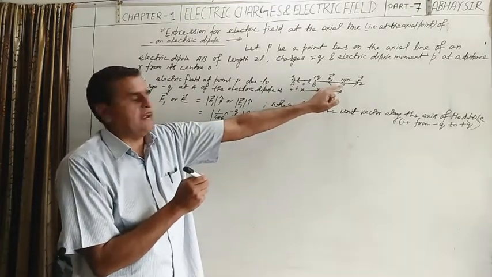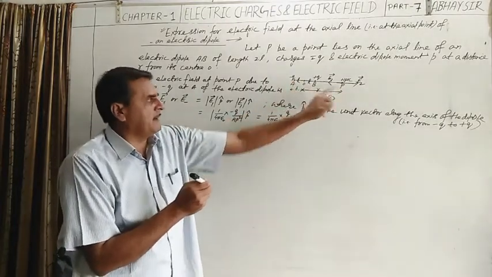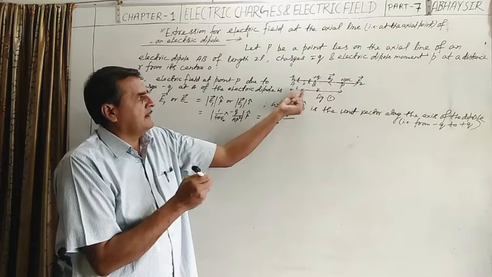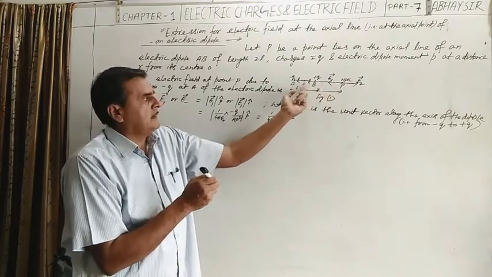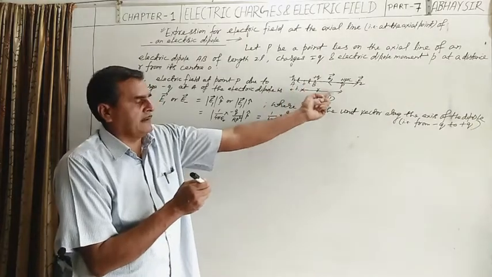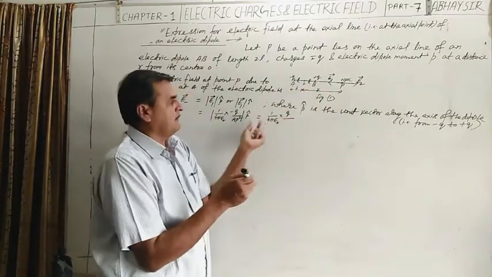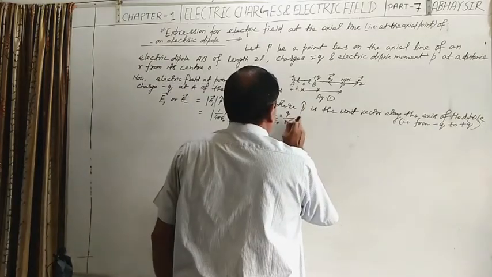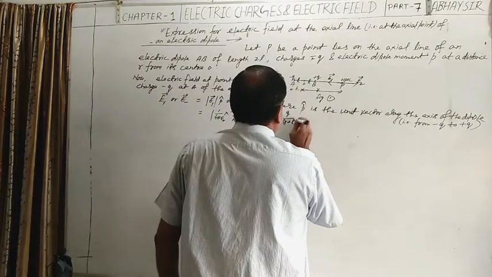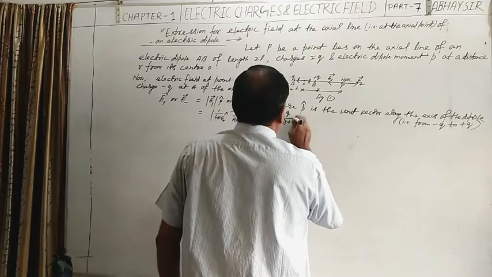Distance of the axial point P from the point charge is AP. This distance is L and this distance is R, a small r, from the center O of the electric dipole. That is, total distance AP is R plus L, whole square, P cap.